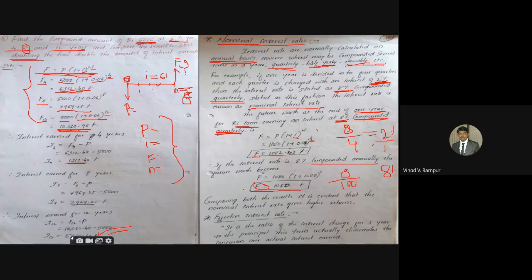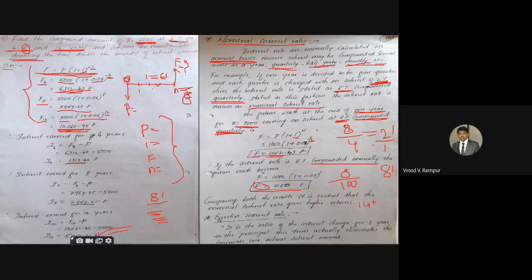Remember this, here the difference comes. If your bank person is saying 8% compounded yearly, that means yearly they are saying that you are going to be charged 8% per year as the interest for 1000 rupees, whatever the loan you have taken. But he is saying that you have to pay monthly or quarterly, for every 3 months you have to pay this much amount.